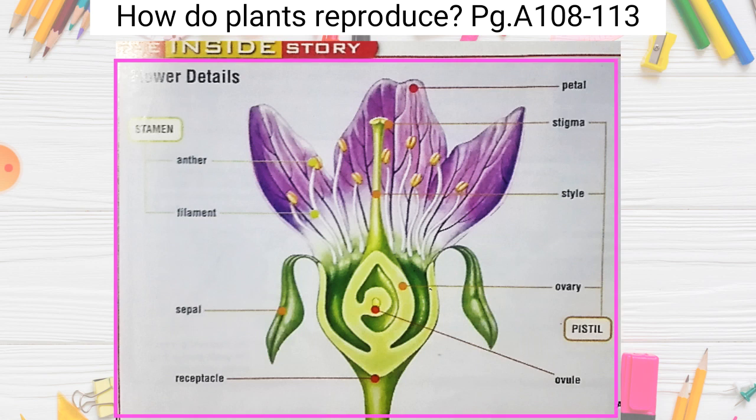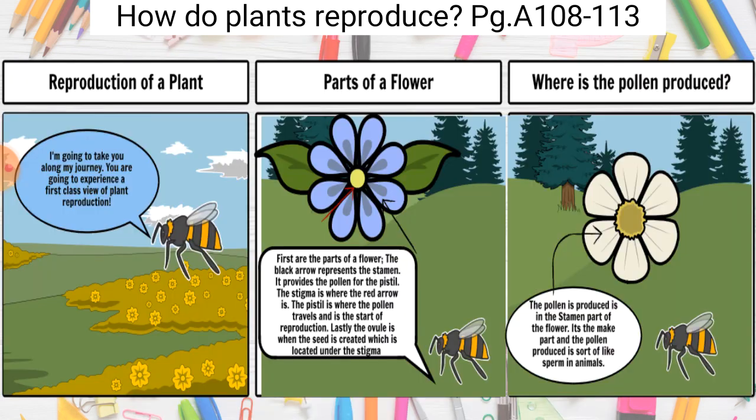First, copy this diagram on your notebook. Now, let's see with somebody who's an expert with flowers. A bee. Bees love flowers. They know that a flower is ready when it has beautiful colors on its petals.